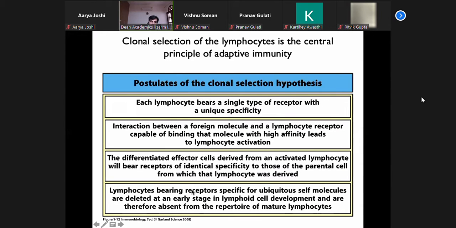Now, essentially, what these processes will make sure is that you do not have any autoreactive cells, or basically a pool of these autoreactive cells, in your peripheral circulation or peripheral lymphoid organs. So this is the fourth hypothesis or fourth postulate of this theory, although we know that this is not absolute.